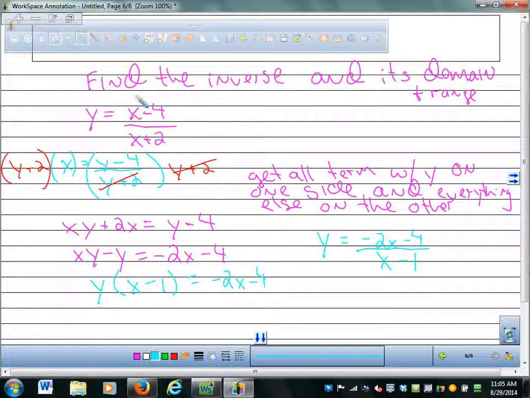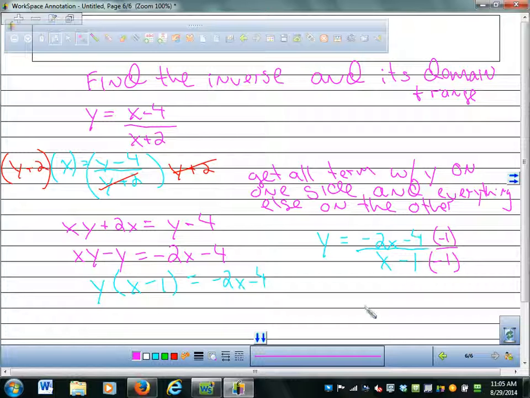The other thing they do, this would be fine, but probably in the book, what they do is multiply this by negative 1 over negative 1, to make it look a little bit prettier.